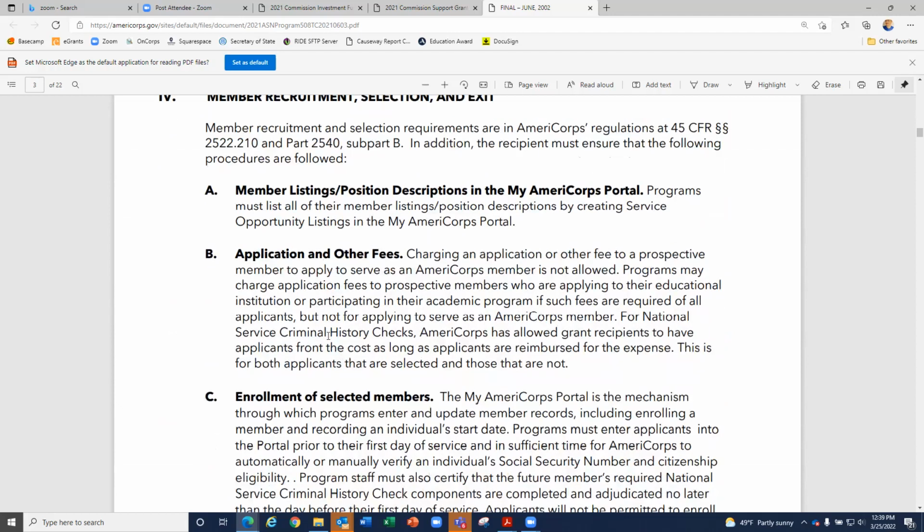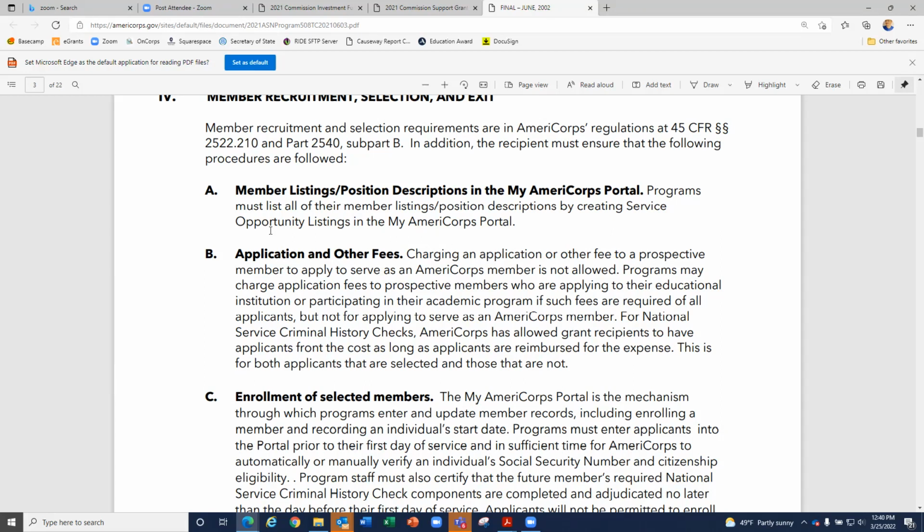The affiliation with the Americorps identity is also re-emphasized in these terms and conditions. One of the things Americorps will require is that you advertise your open Americorps positions on their website platform, which is actually done through eGrants, the same system that you have applied for the Americorps grants, and appears at My Americorps, Americorps.gov.